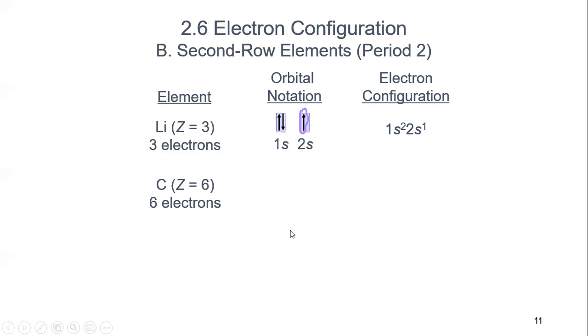Now if we go to carbon, which is further down row 2, it has 6 electrons. So we're going to need the 1s orbital, the 2s orbital, and the 2p orbital. Because each s orbital can hold 2, we're still going to have 2 electrons left over. So we're going to need to add them to the 2p orbital. And so again, we completely fill the 2s orbital and the 1s orbital. But for the 2p orbital, you have to give each orbital 1 before you pair it up.